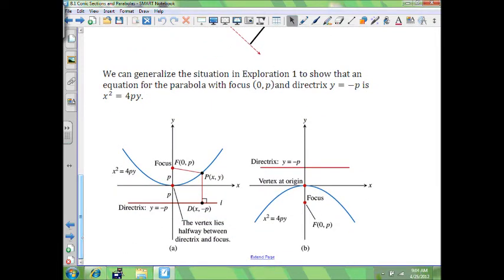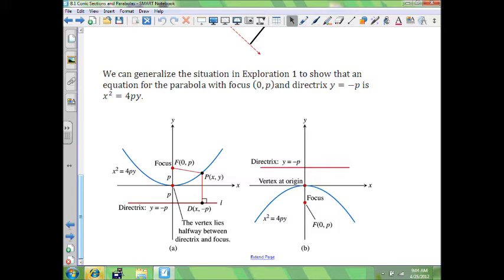Now we can generalize the situation to show that an equation for the parabola with focus (0, p) and directrix y equals negative p is x squared equals 4py. The big thing that we need to see here with x squared equals 4py is that it opens up and down.